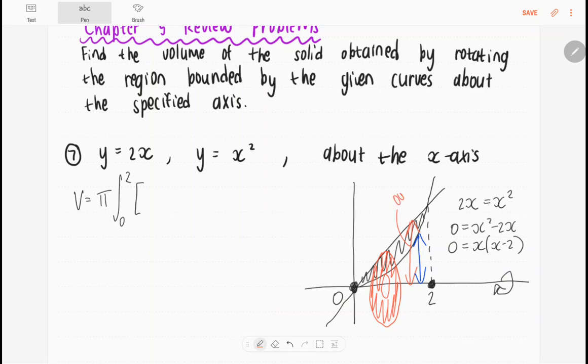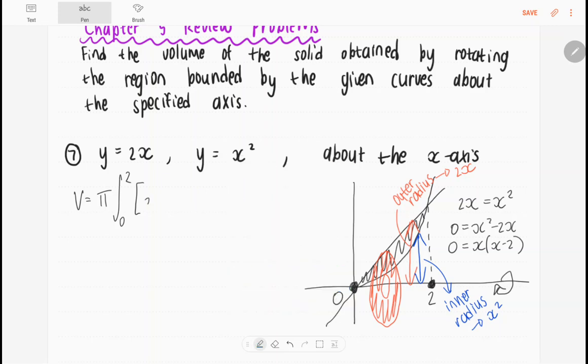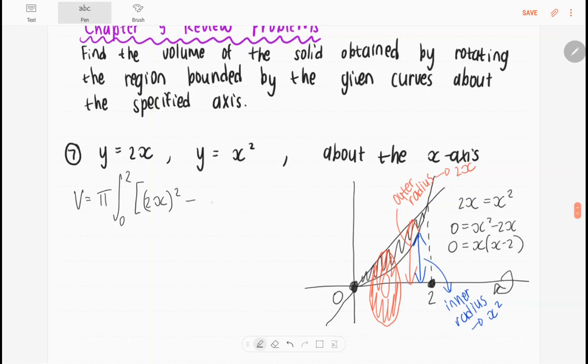This is the outer radius, and it is going to be 2x, and this is my inner radius, which is going to be my x squared. So I have my outer radius squared minus my inner radius squared, so it's x squared squared, and then dx.